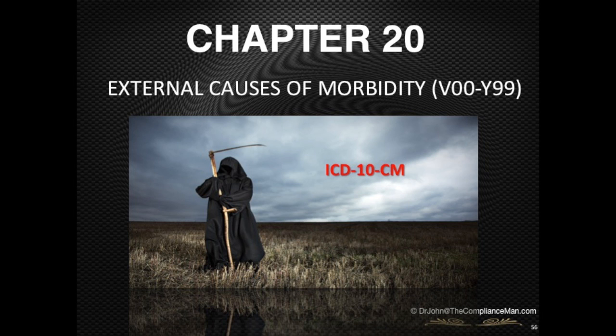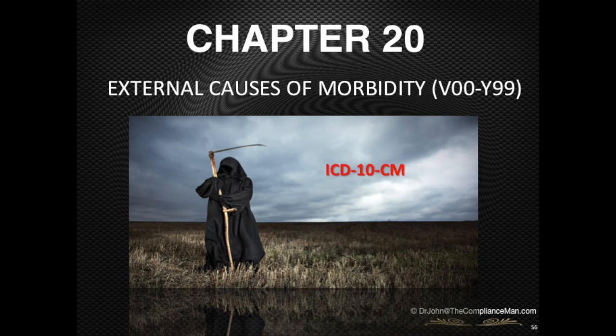These codes capture how the injury or health condition happened, the cause of it, the intent, whether it was intentional or unintentional, such as suicide, or the place where the event occurred, the activity of the patient at the time of the event, and the person's status, such as whether they were in a civilian or whether they were in the military. And most often you will see this used with Chapter 19 codes.